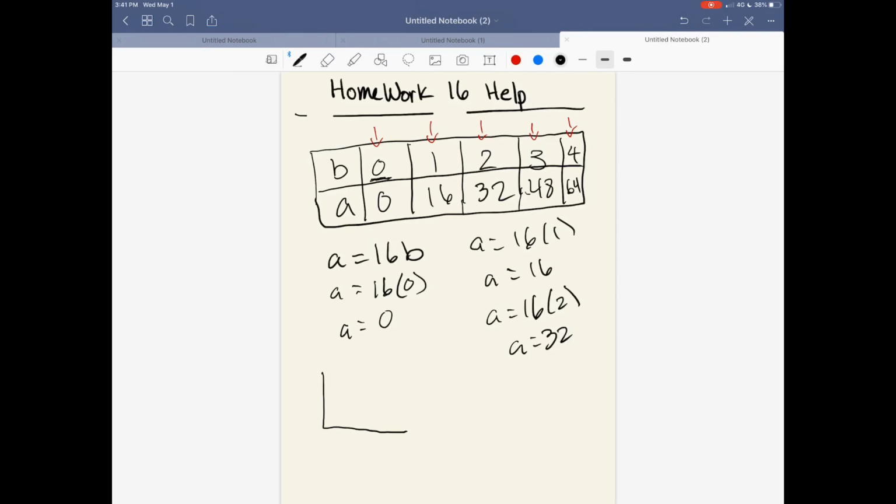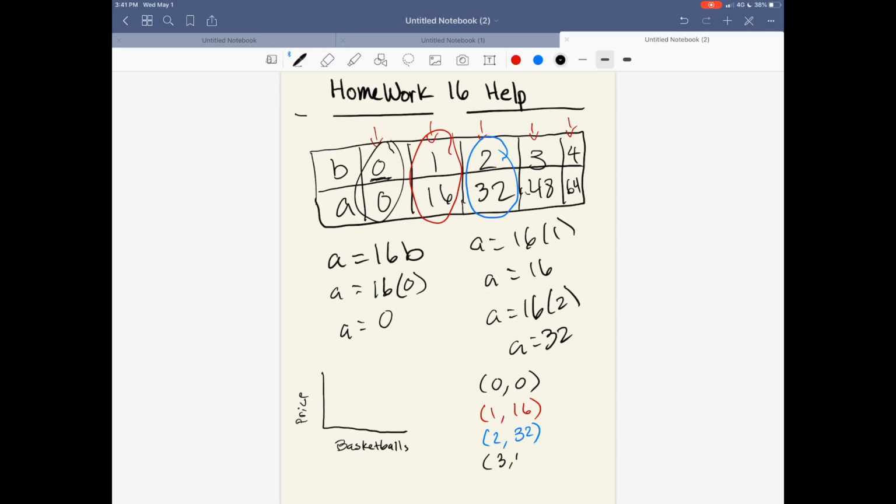So let's say that the y-axis is price. Okay, that means the bottom would be number of basketballs. Okay, so if you look at our table, you can come out with 5 different coordinates. So the first one here is 0, 0. Then we've got 1, 16, 2, 32, and so on and so forth.